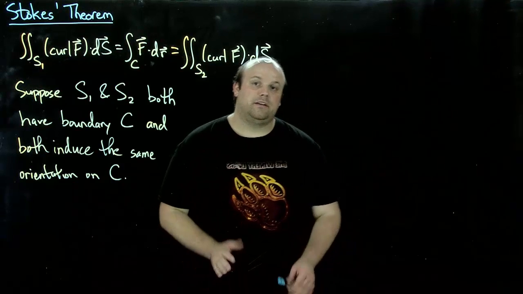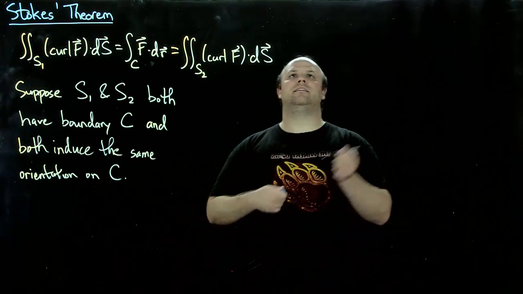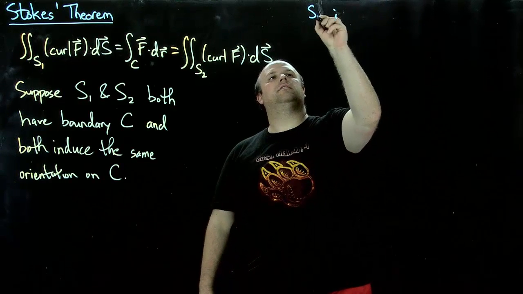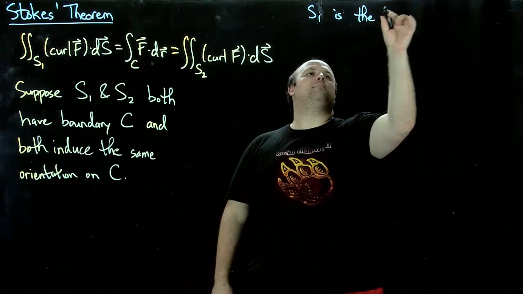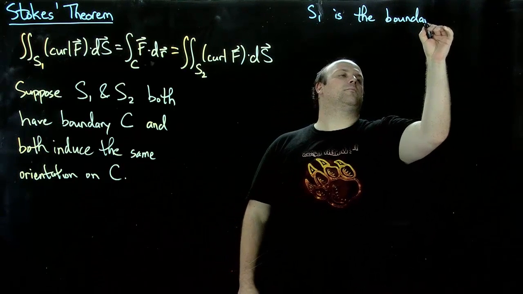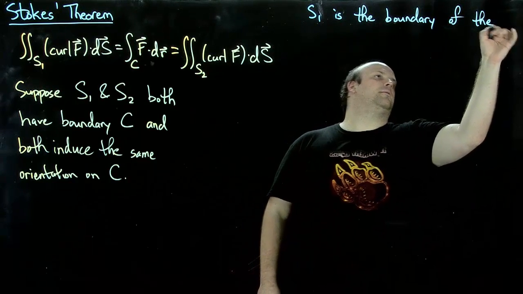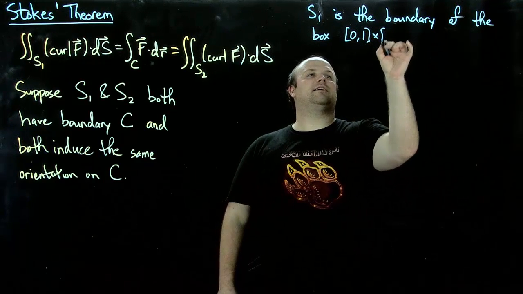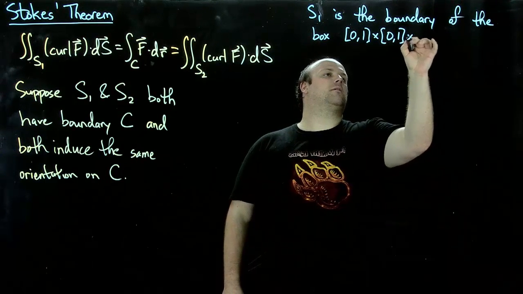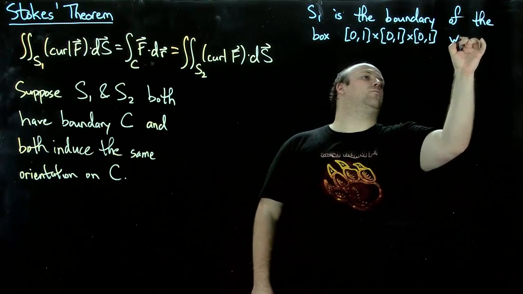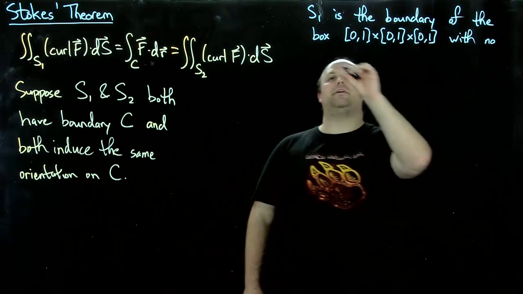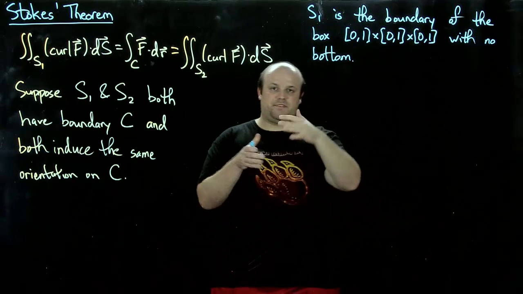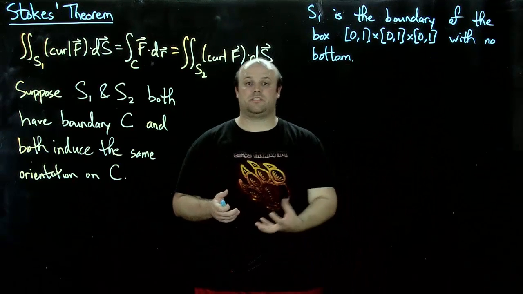Well, here's one. Let's say S1 is the boundary of the box, which is given as sort of the unit cube here, with no bottom. So you have that six-faced cube and you tear off the bottom square.